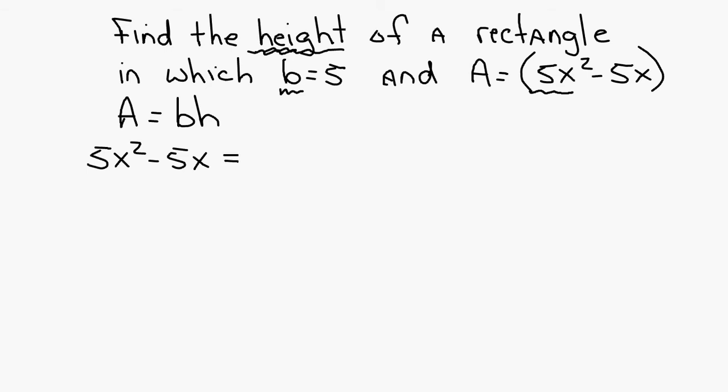And that's going to be equal to b, which is 5, times the height. So in this case, how would you solve for the height? You divide both sides by 5.